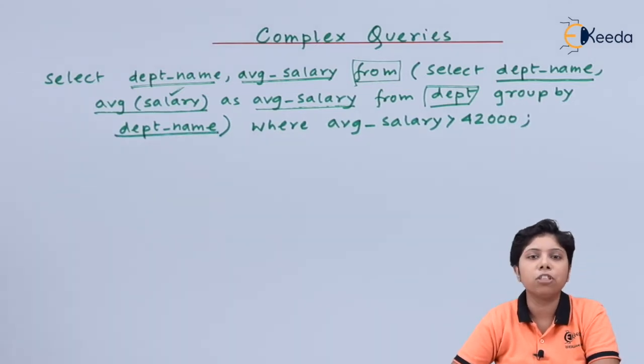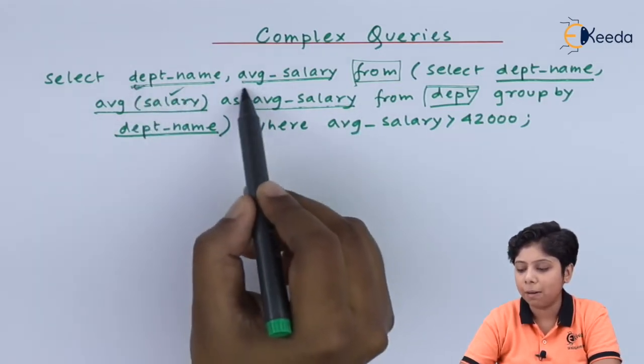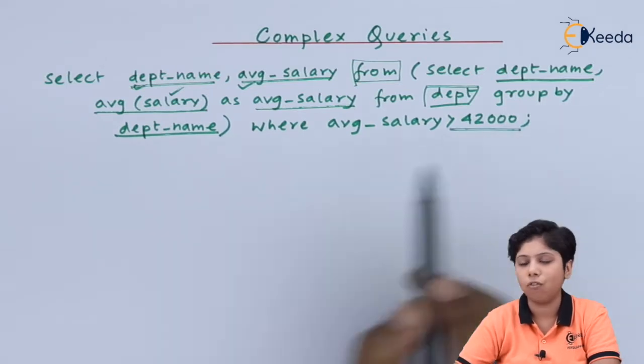So first we group by the department name, then calculate the average salary of each department, and then make it a relation of department name and avg_salary. Now from that relation, we will select the department name and avg_salary where the average salary is greater than 42,000.